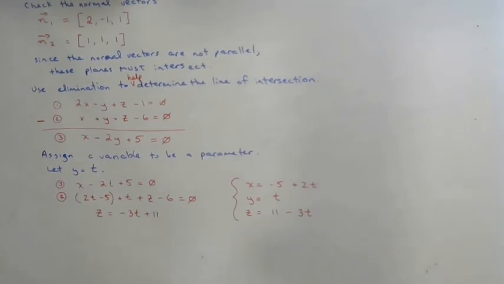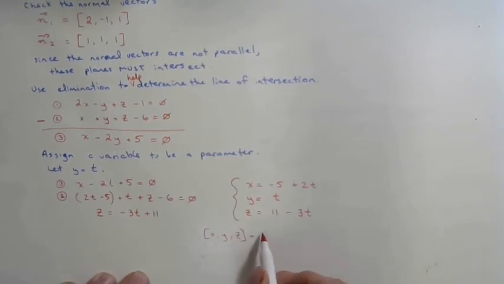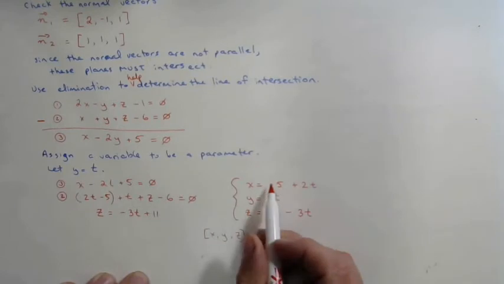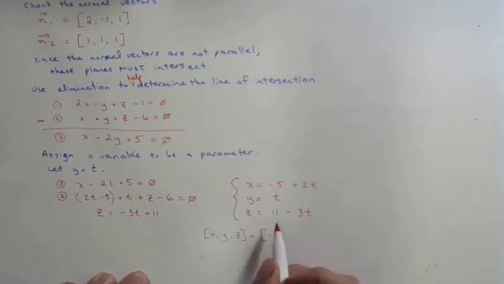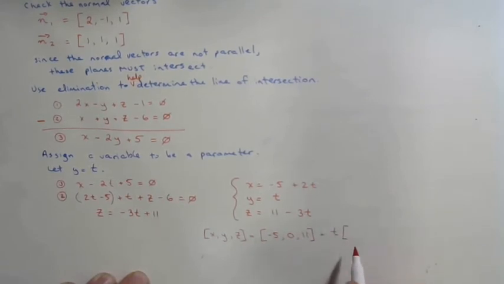And we could rewrite this in vector form as x, y, z is equal to our position vector, -5, 0, 11, plus some scalar multiple of our direction vector, 2, 1, -3.